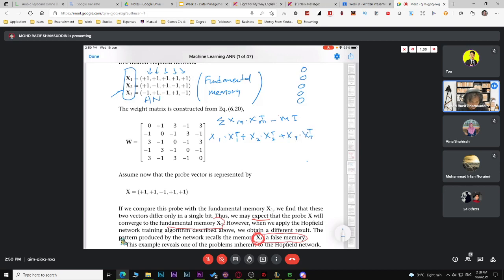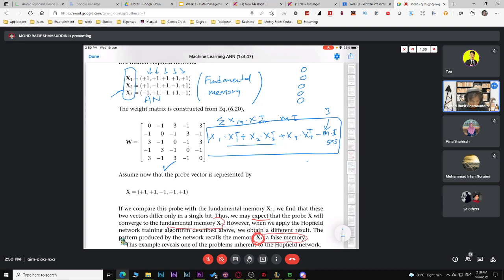Nampak tak beza dia macam tadi? Tadi tu ada 2 je kan, sekarang ni ada 3. Minus m times identity matrix, yang ni 5 by 5. Okay, m dia 3 kan, betul tak? Okay, if you manage to do this, you will get this.